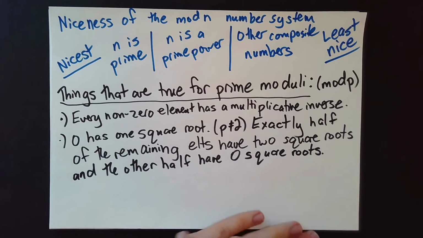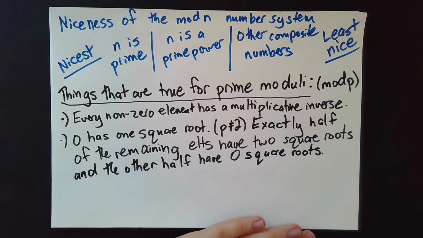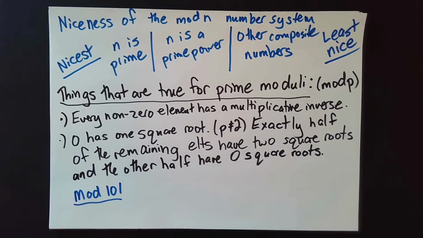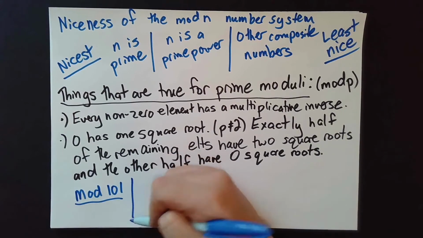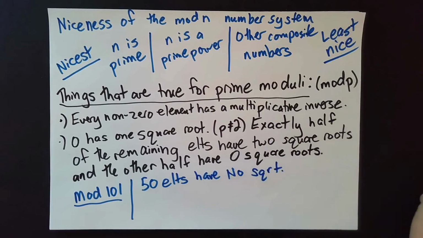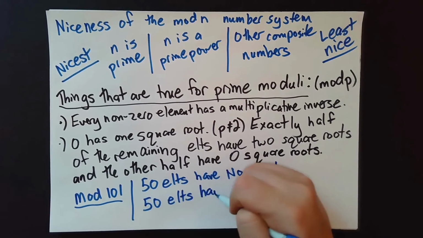Here it's not quite so easy to see which elements have a square root and which ones don't. Let's say I worked mod 101, for example. Well, 0 has one square root. But then I know that 50 elements have no square root at all. That's half of the 100 non-zero elements. And then 50 elements have 2 square roots.